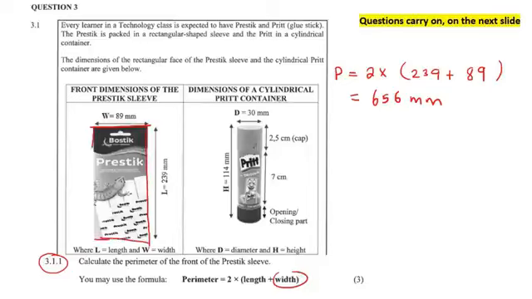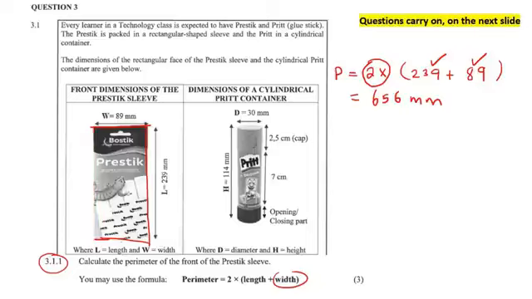We're just saying this number plus this number plus this number, which would be the same as 89, plus this number, which would be 239. This formula does all of that for you, because it takes the 239 and the 89, and then it also multiplies by 2.